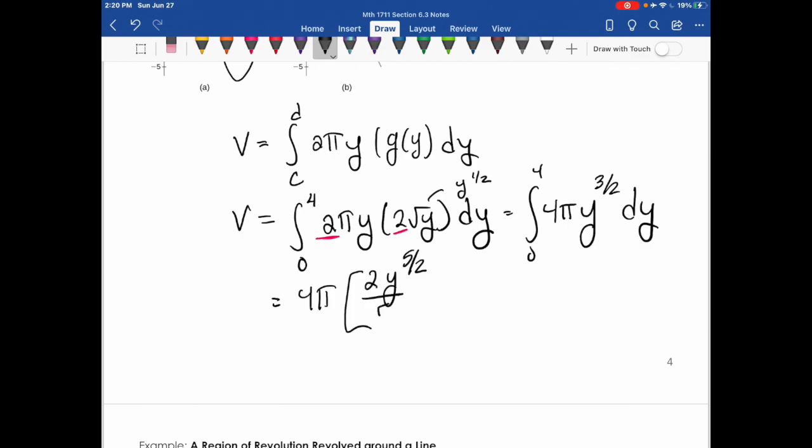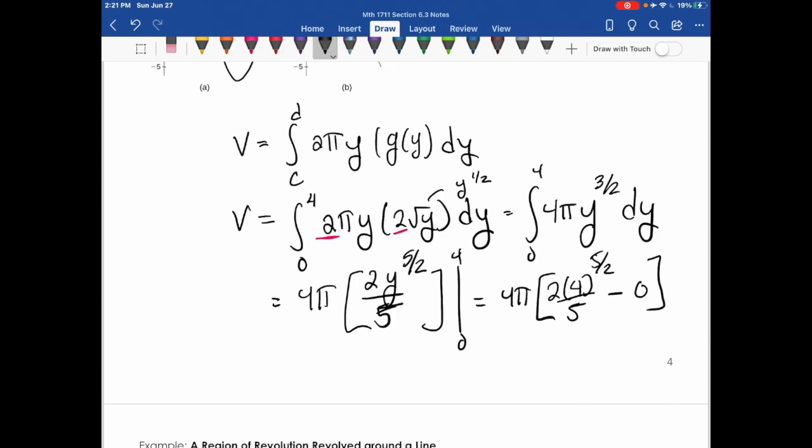When I take the antiderivative of y to the 3/2, I have to add 1 to that, so that gives me y to the 5/2. And when I divide by 5/2, that's the same as multiplying by 2/5. And then I'm going to evaluate that on the interval from 0 to 4. When I plug in 4, I'm going to get 2 times 4 to the 5/2 over 5.